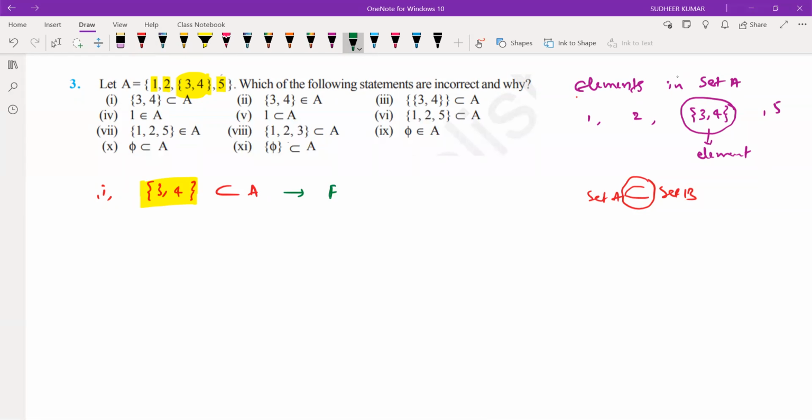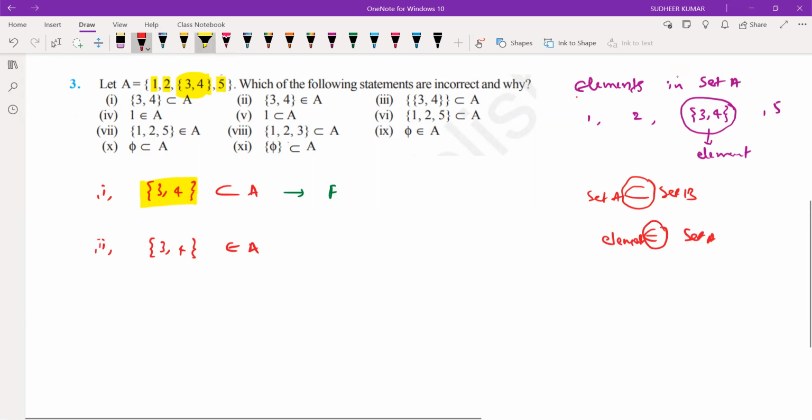So go to the next one. The second one is set of 3, 4 belongs to A. Usually belongs to is used to represent element and set.